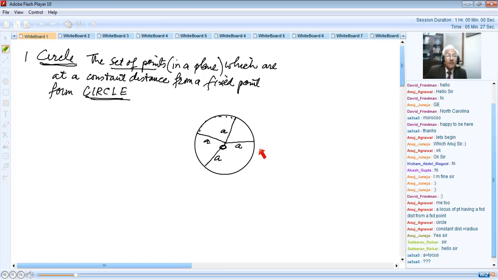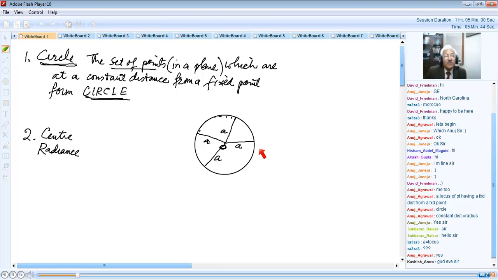Now that was first. Now the second point is, what do we need? We need two things. We need the center, which is a fixed point, and we need the radius, that is the fixed distance. This is what I told you over here. These are the two things, that is a constant distance from a fixed point.